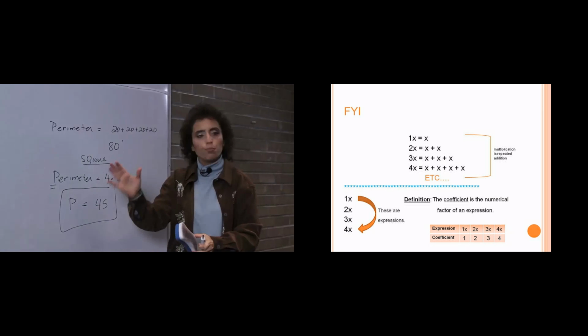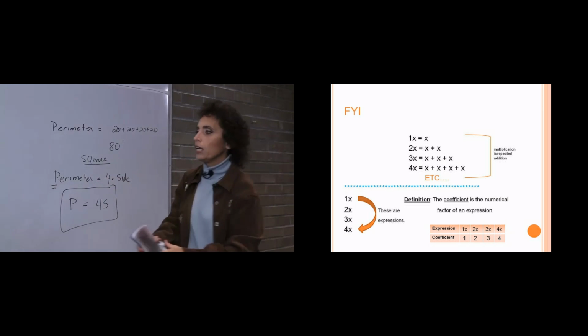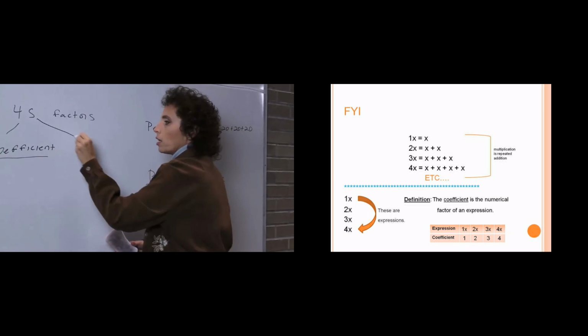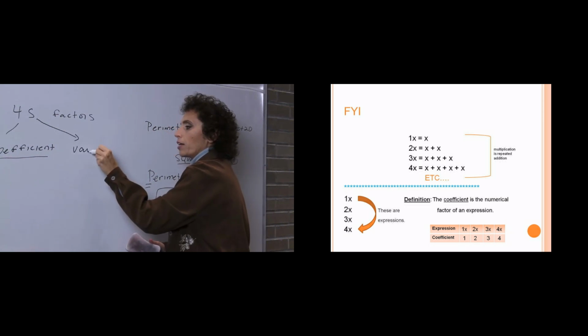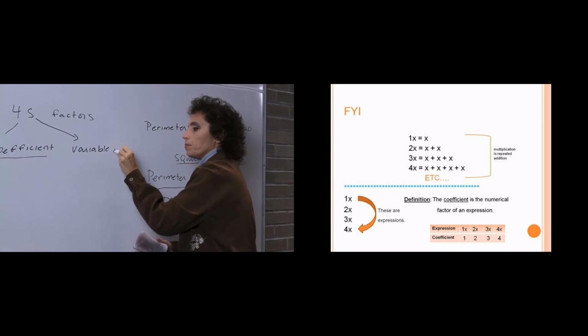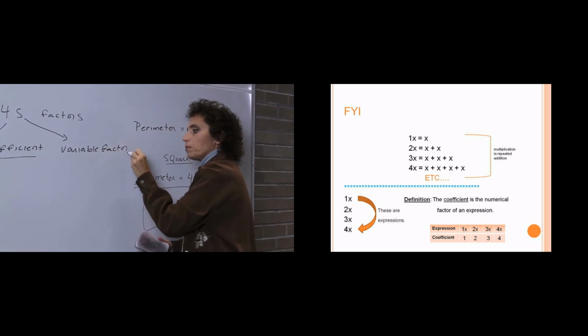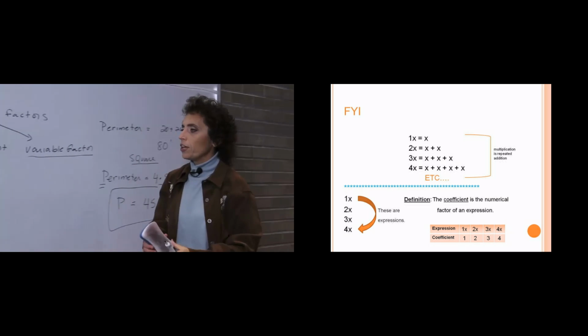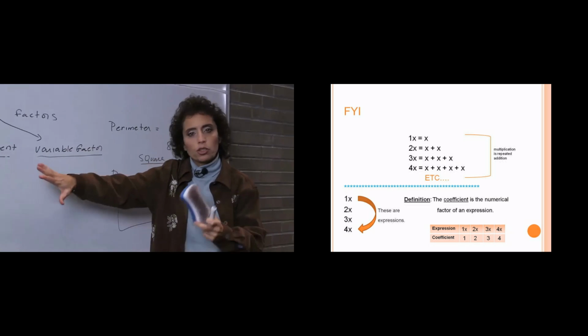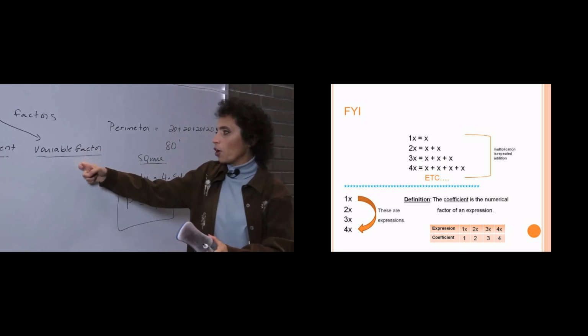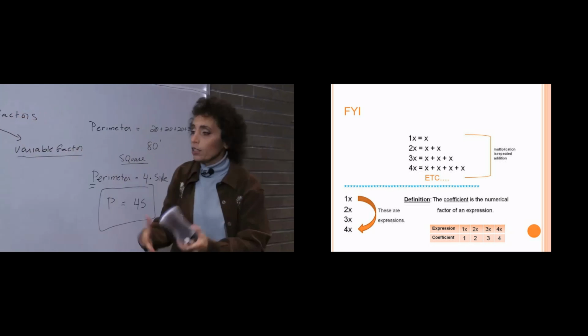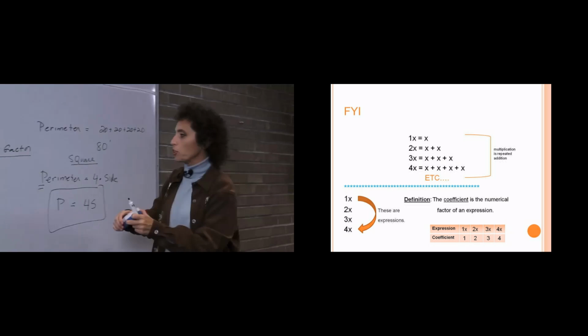Some people call it the numerical coefficient. This S is called the variable factor. So the coefficient is the number factor, sometimes called the numerical coefficient, and the variable factor is obviously the variable. Let's take a look at some other expressions.